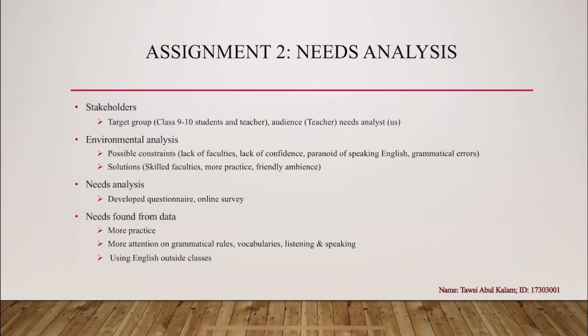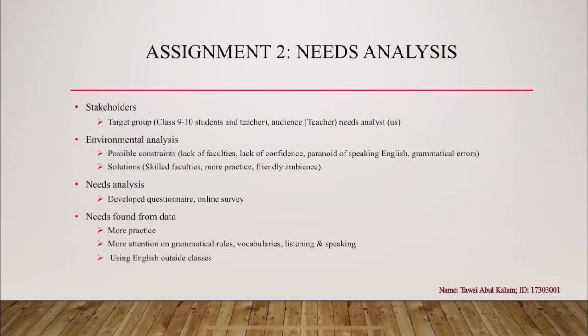The possible constraints we found are due to lack of confidence, fear of being criticized, or a lack of English competency. Students are perceived as being careless in speaking English outside of the classroom, and they are also paranoid of speaking in English because of their grammatical errors.